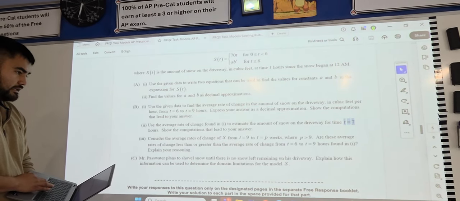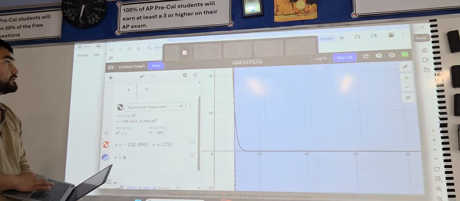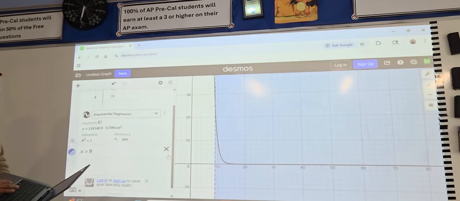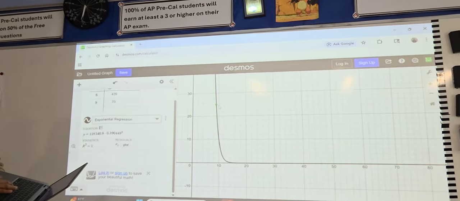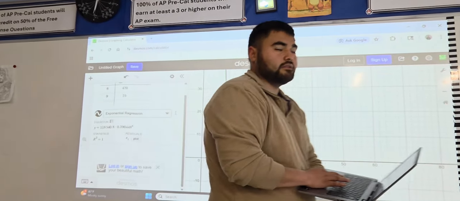So what's happening? Let's go back over here. Let's go back to decimals. So what is happening here? Why is this function limited?